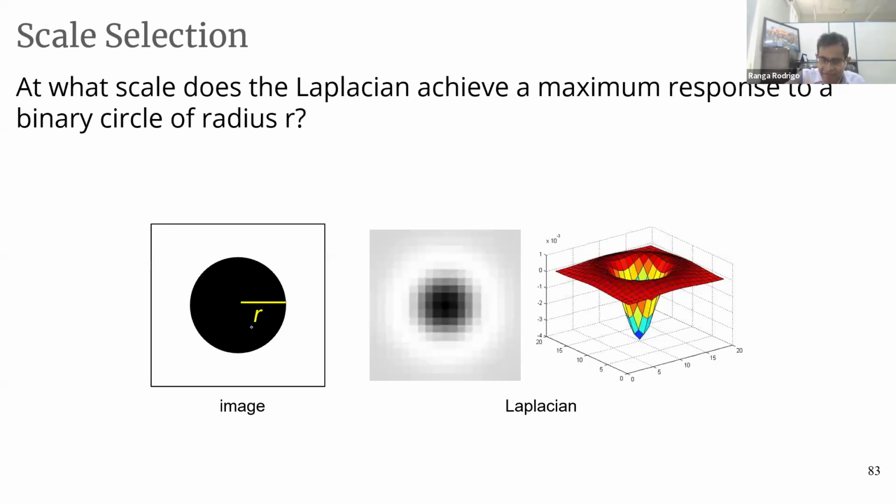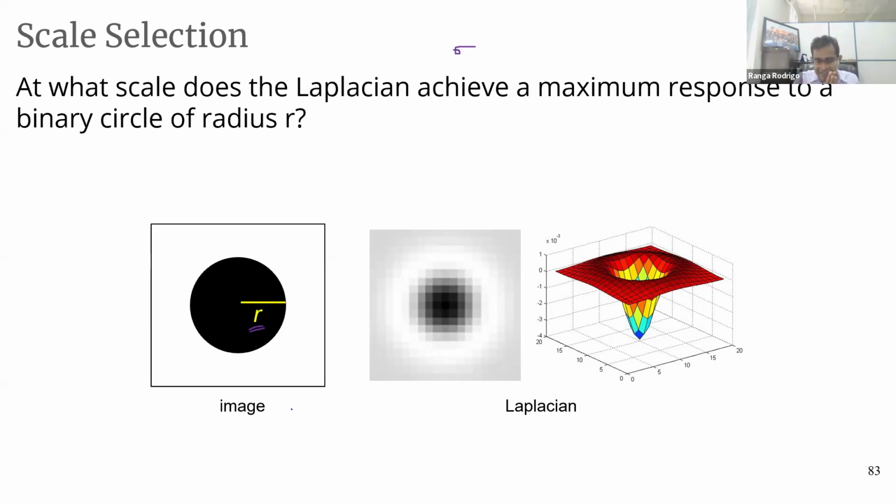I just said that, but without going through mathematical reasoning, how do we relate the sigma of this Laplacian of Gaussian? To create it, we use a sigma for the Gaussian, and how is that sigma related to the radius of the blob that gives a maximum response to that Laplacian of Gaussian kernel?